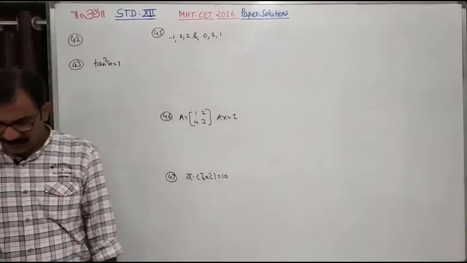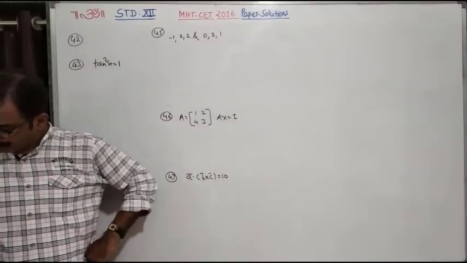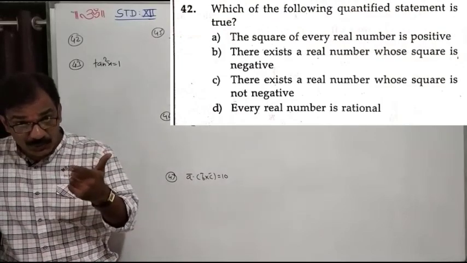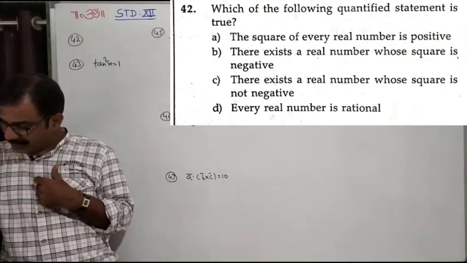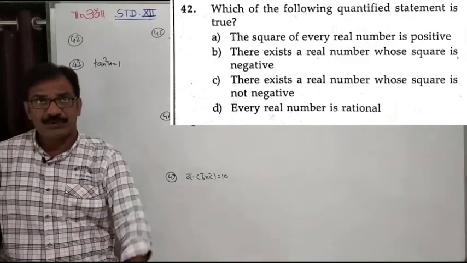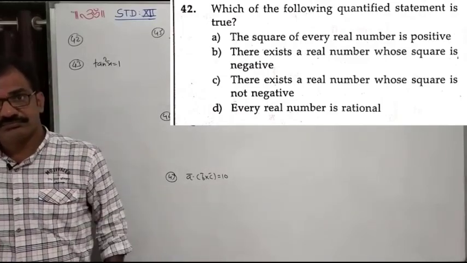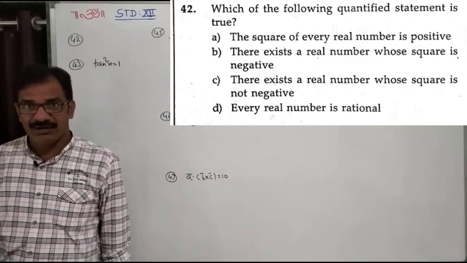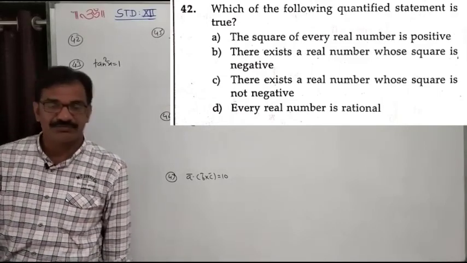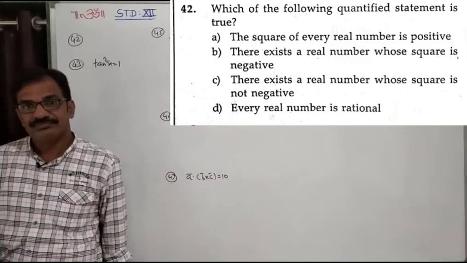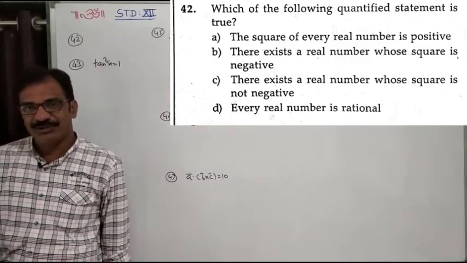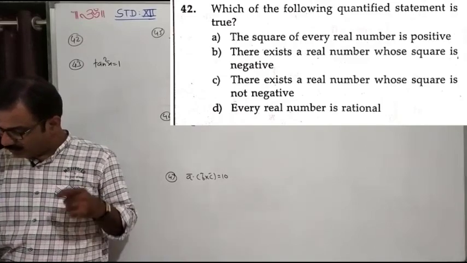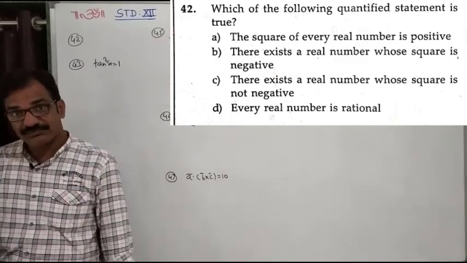See the question number 42. Which of the following quantified statements is true? The square of every real number is positive. Zero can also come. There exists a real number whose square is negative.